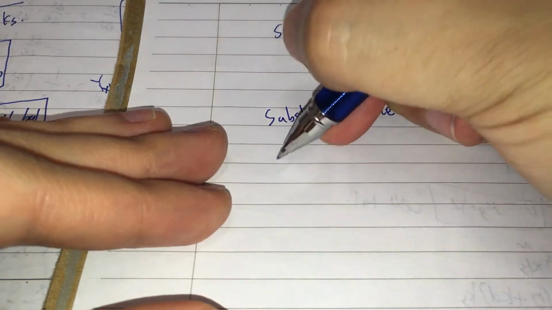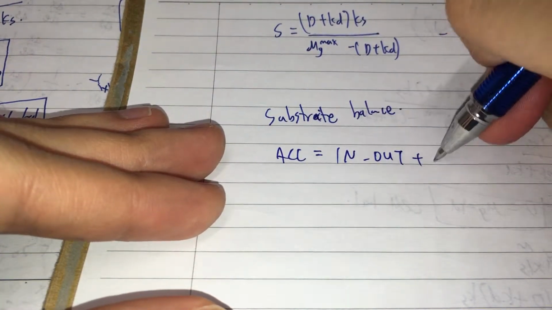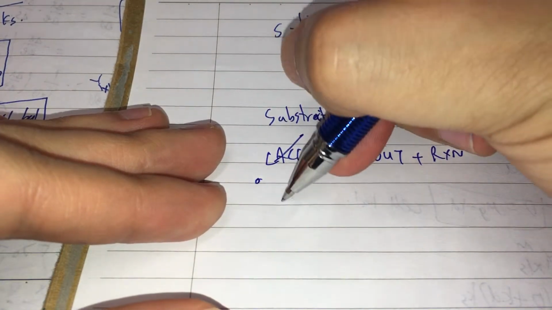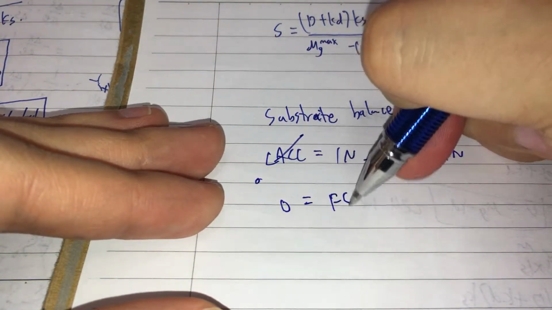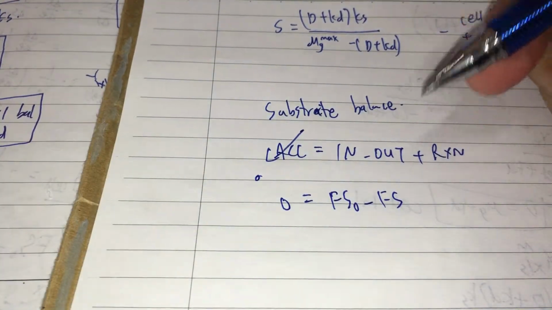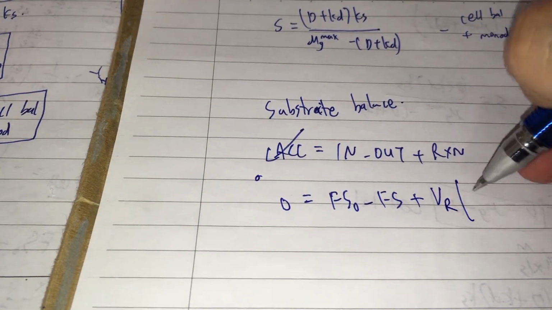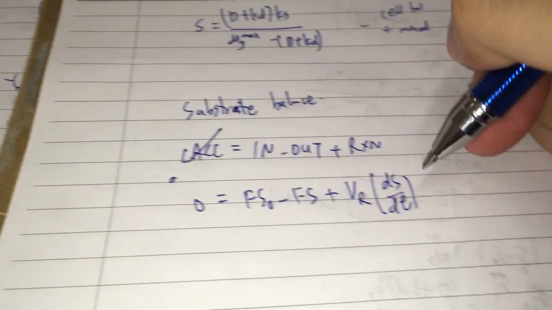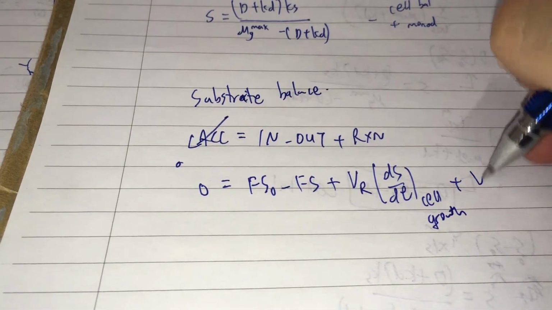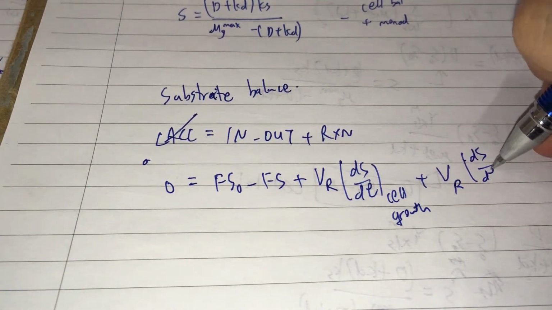Again, accumulation equals in minus out plus the reaction term. This is of course 0 for steady state. So F S naught is in, minus F S, which is out, and of course V R times ds/dt due to cell growth plus V R times ds/dt due to product formation.